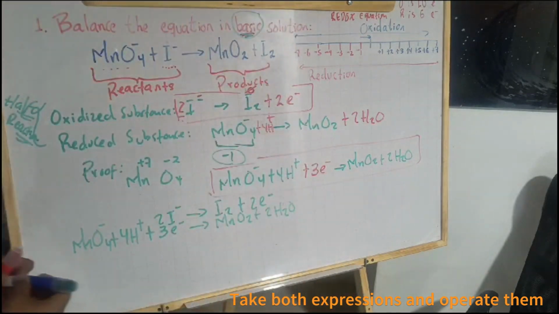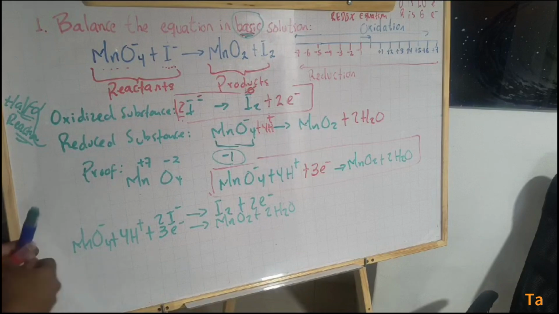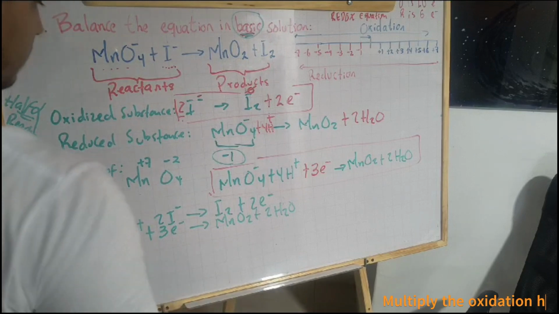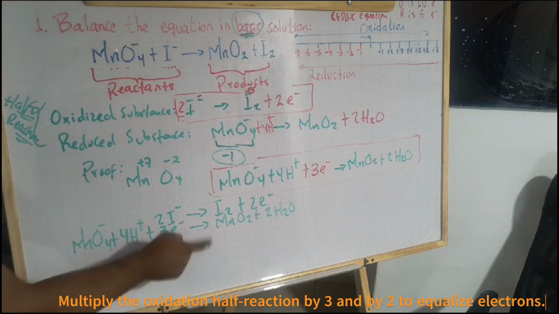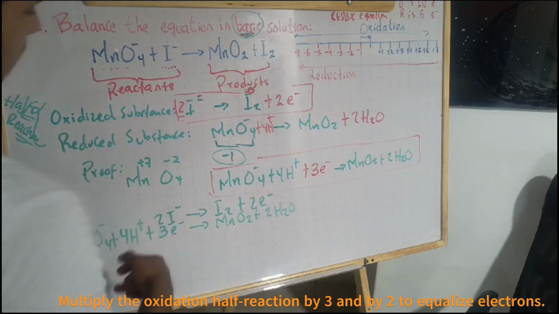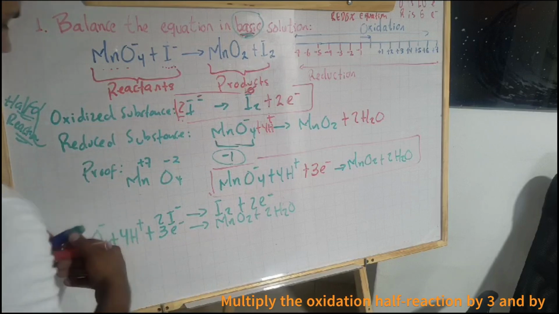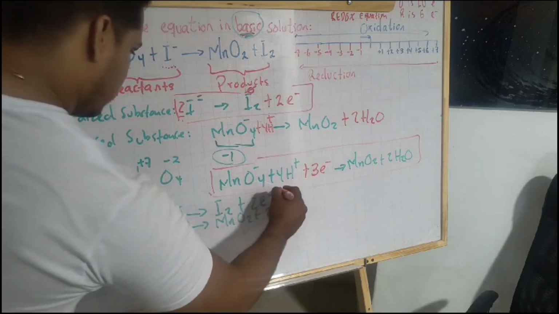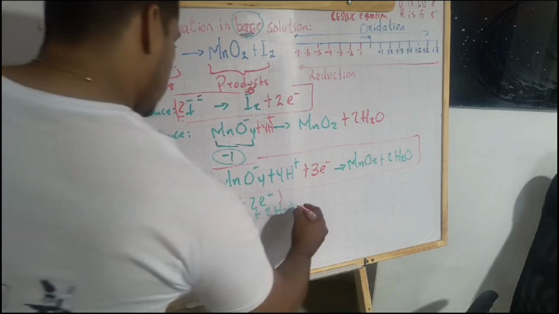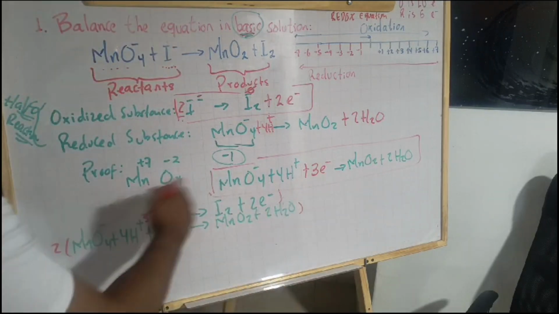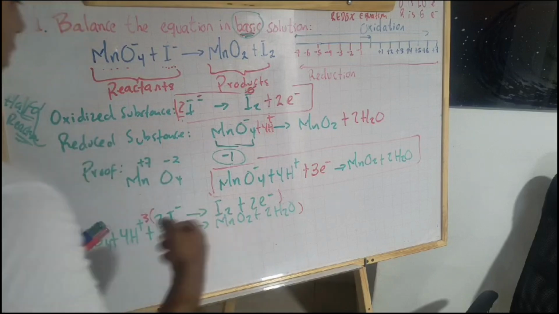Okay, so as I have here 2 electrons and here you have 3 electrons, I have to compensate that. So I will multiply all of these times 3, and I will multiply all of these times 2 to compensate the equations. And they will give me 6, by the way.